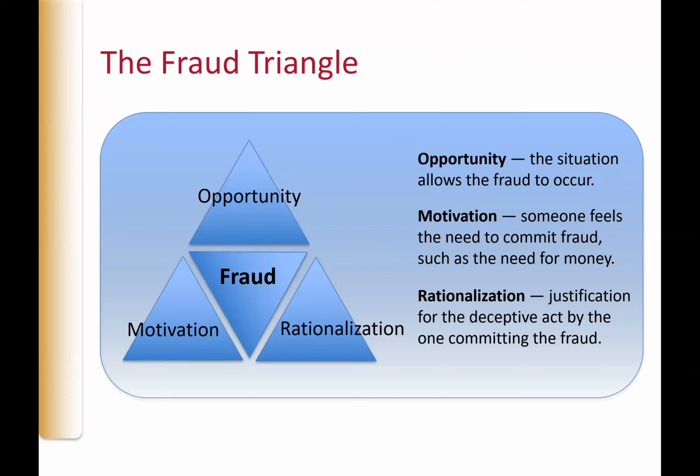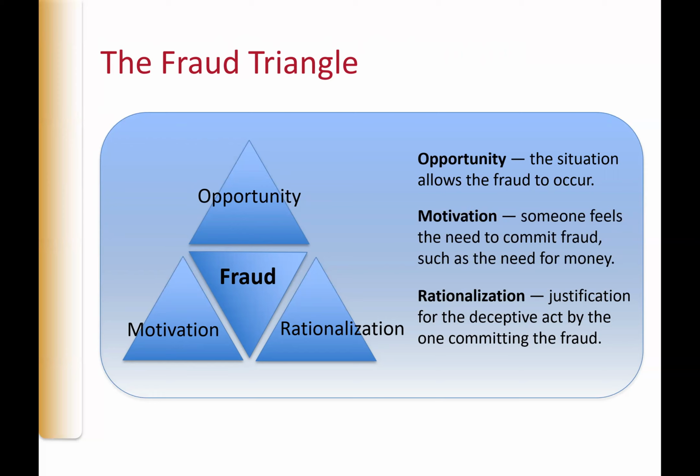There must be an opportunity for the fraud to occur. The situation allows the fraud to occur. That is the only piece in the fraud triangle that a company can work to minimize.